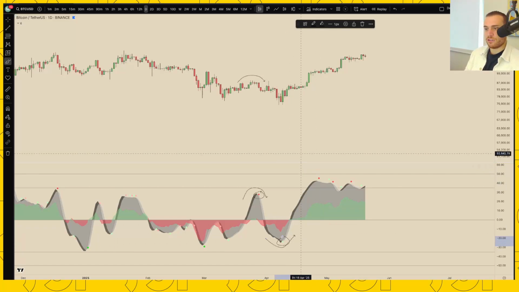Now, there's different colors to these dots as well. There's going to be a dark red, a light green, and a dark green. The light green cross is a bullish cross, but a weaker strength bullish cross. A dark green dot is a very, very high probability, higher strength bullish cross. And then, of course, it's going to be the exact same for red.